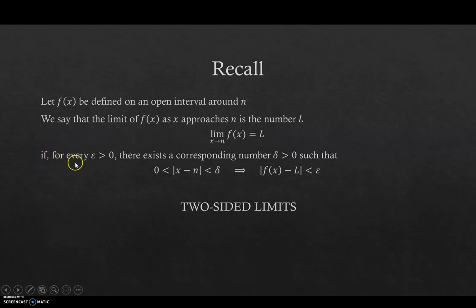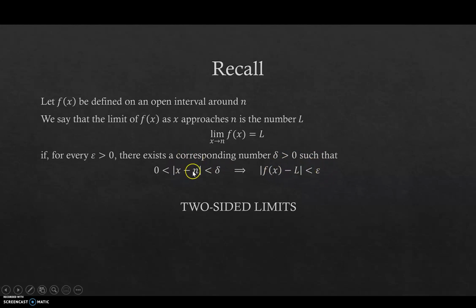If, for every epsilon, remember epsilon is a small positive distance greater than 0, there exists a corresponding number, delta, also a small positive distance, such that if my x values are close to n, between 0 and delta, this implies that my f of x values should be close to L within epsilon, okay?